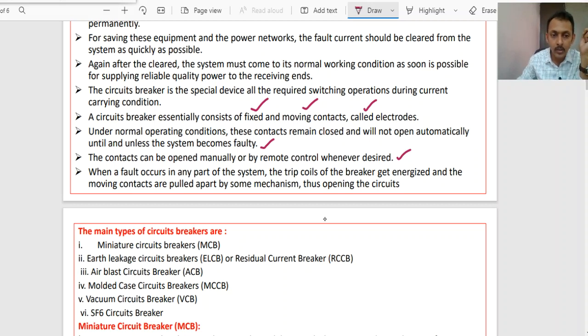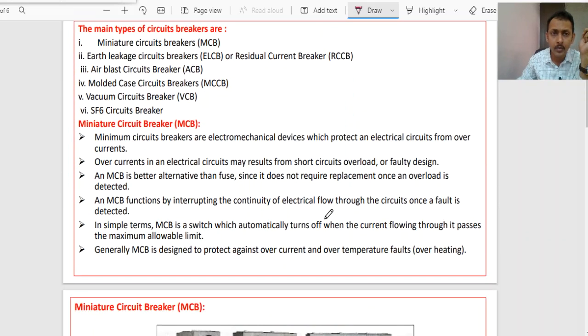If we come across the different types of circuit breakers, we have MCB (miniature circuit breaker), earth leakage circuit breaker, air blast circuit breaker, molded case circuit breaker, vacuum circuit breaker and SF6 circuit breaker.